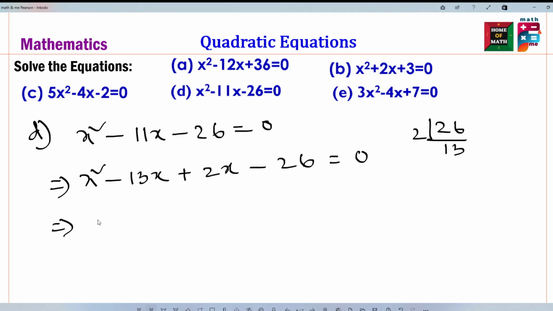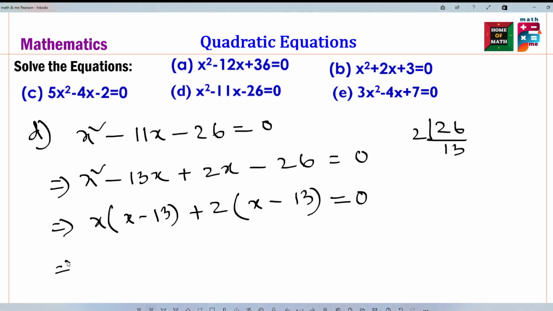So we will take common x, so x minus 13, and here is plus 2, so we will get x minus 13 common, and x plus 2 equals 0.